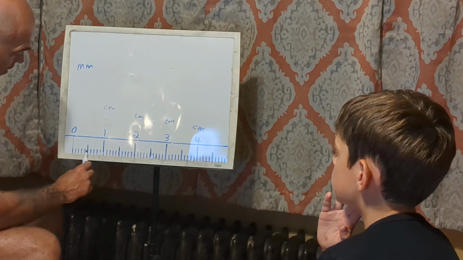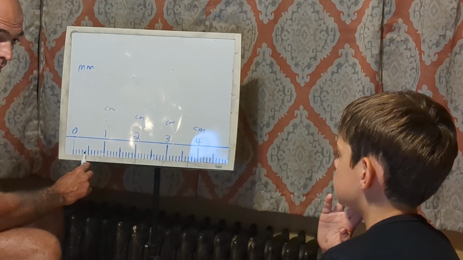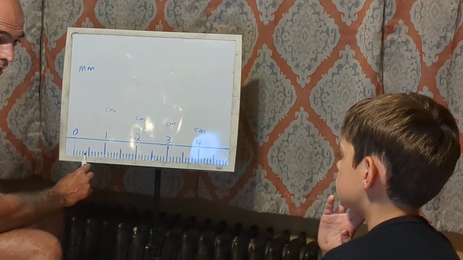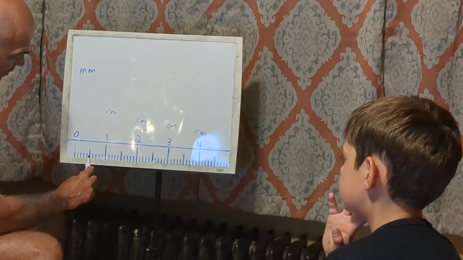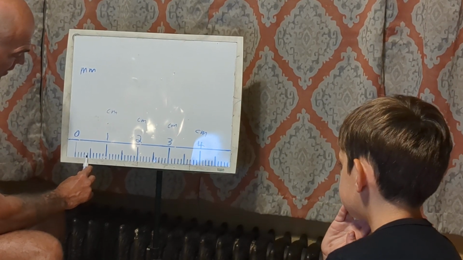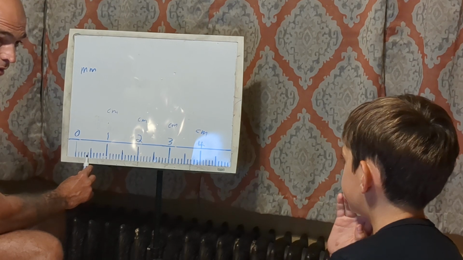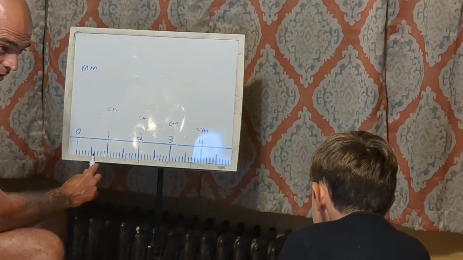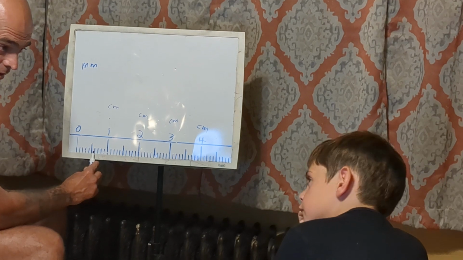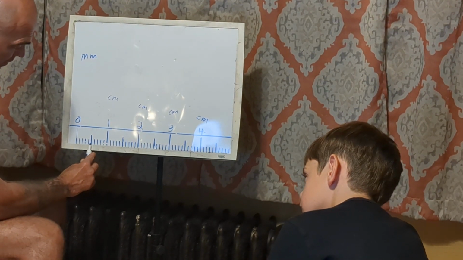What would this one be? No, this one's 5, right? What's one less than 5? 4. Okay, so this one would be 4. 5.